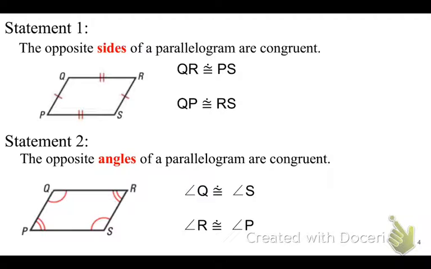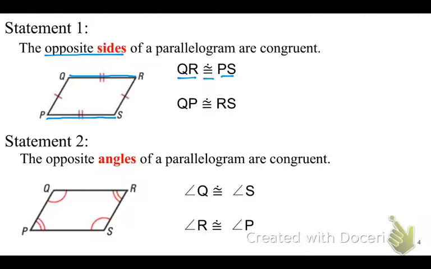Okay. So it turns out that when you have this parallelogram with the pairs of sides being parallel, the opposite sides of a parallelogram are congruent. So this side, QR, is congruent to PS, which is right there.